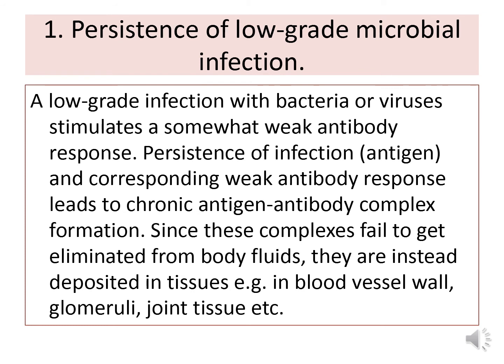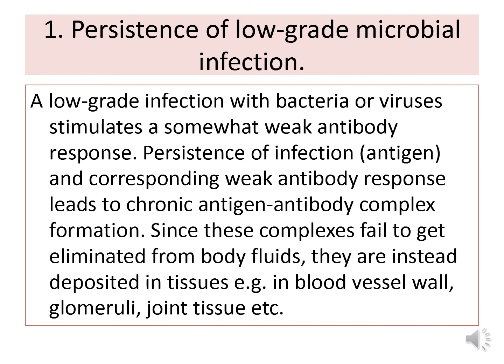The first one, persistence of low-grade microbial infection. Low-grade infection with bacteria or viruses stimulates a somewhat weak antibody response. Persistence of infection, antigen, and corresponding weak antibody response leads to chronic antigen-antibody complex formation.